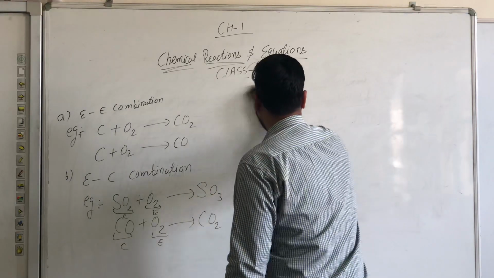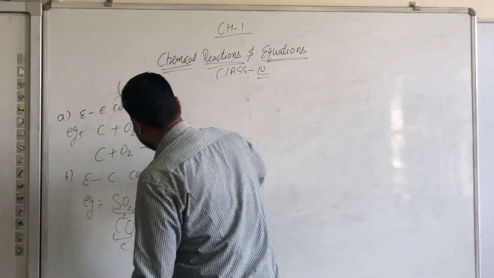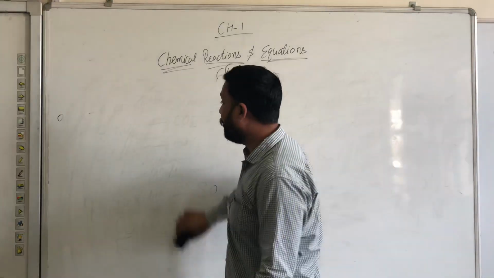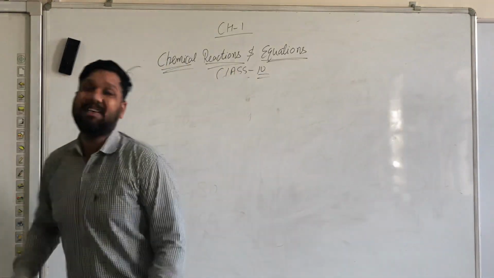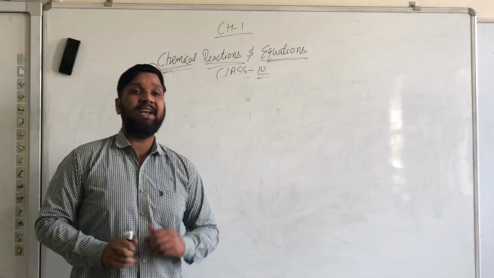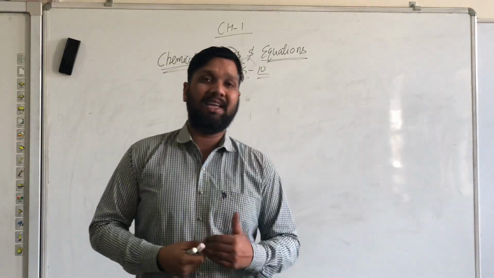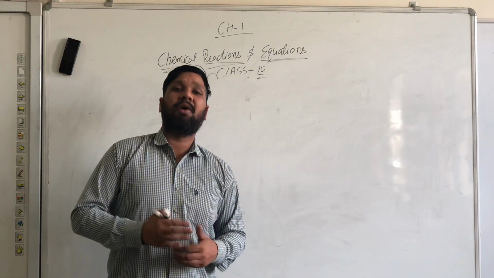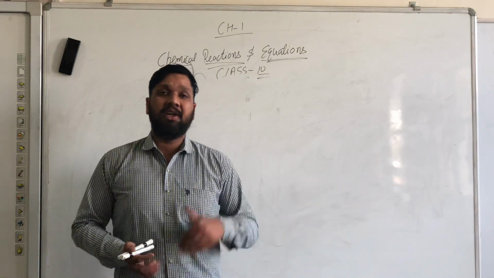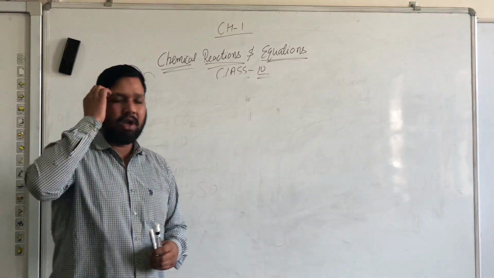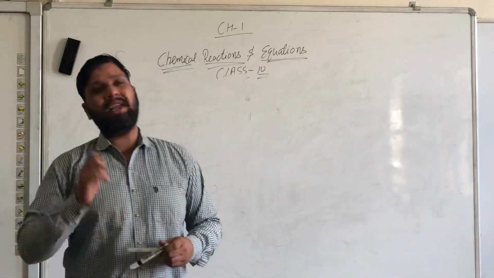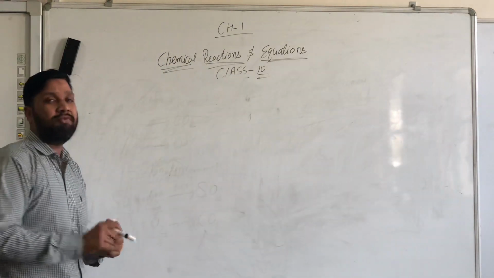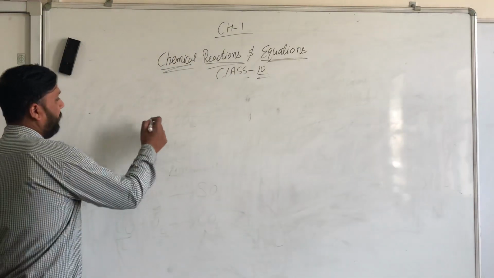Now, one more thing: combination reactions are mainly considered exothermic. Why? Because whenever a combination takes place, there is a release of energy. The release of energy is called exothermic. The simplest question which always comes in the exam is to write one example of a combination reaction which is also exothermic. That is the burning of coal.